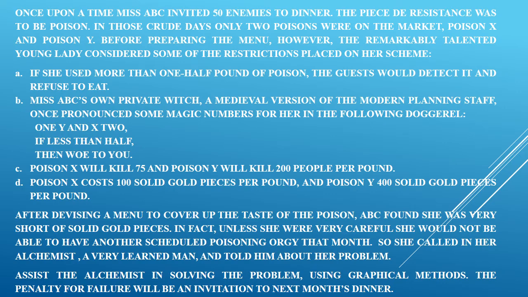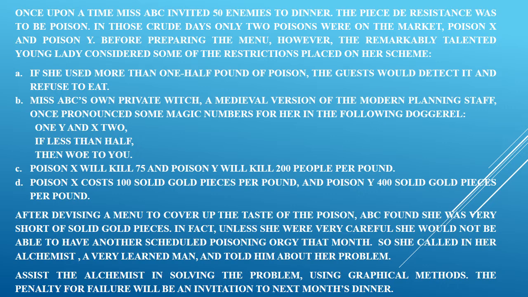Then before preparing the menu, however, the remarkably talented young lady considered some of the restrictions placed on her scheme. Now, the statements I will just read out. This will help you to formulate the equations and the inequalities for constraints. If she used more than 1/2 pound of poison, the guest would detect it and refuse to eat.